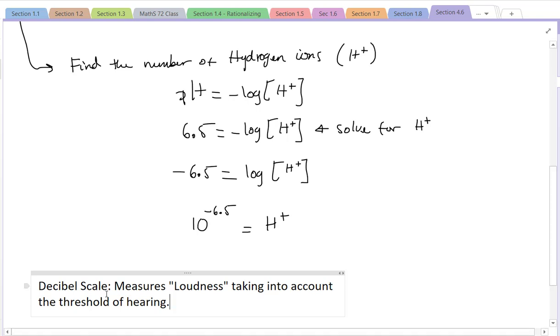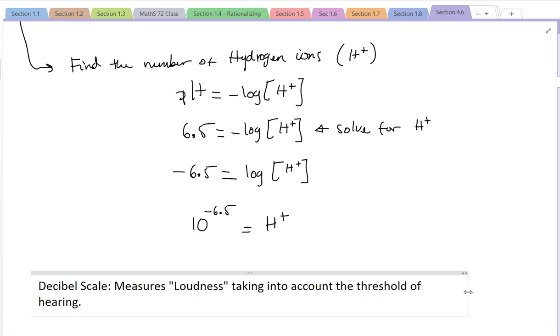Oftentimes leaf blowers and things like that have a decibel rating. It is the measure of loudness, taking into account the sensitivity of the ears and the threshold of hearing.